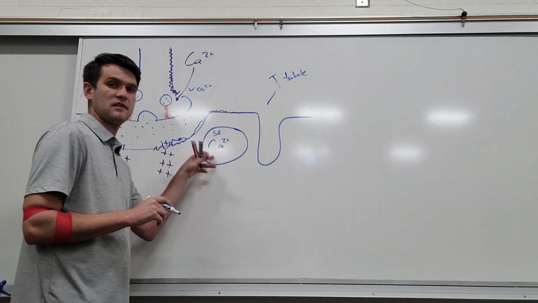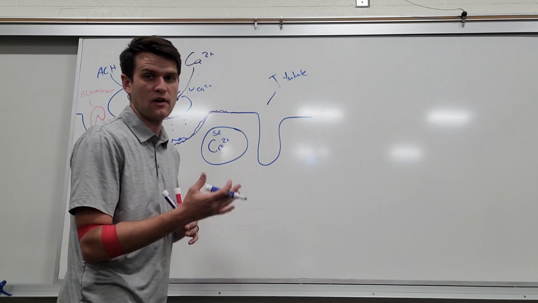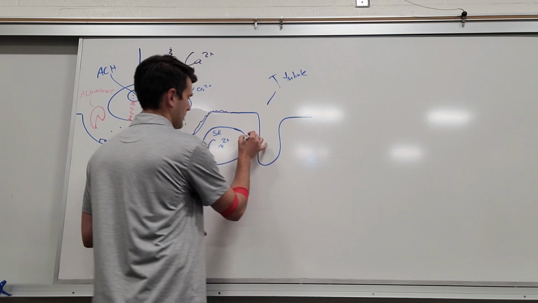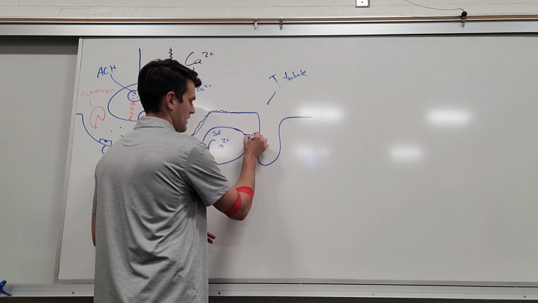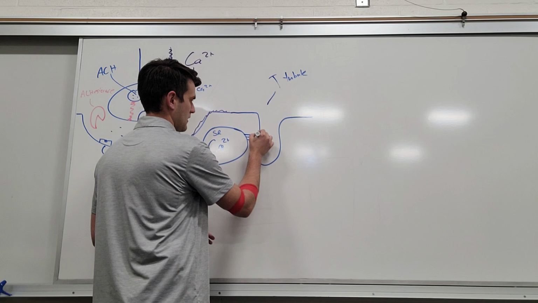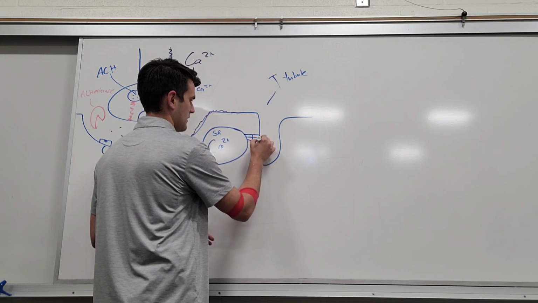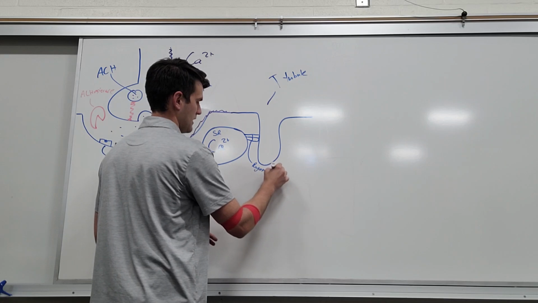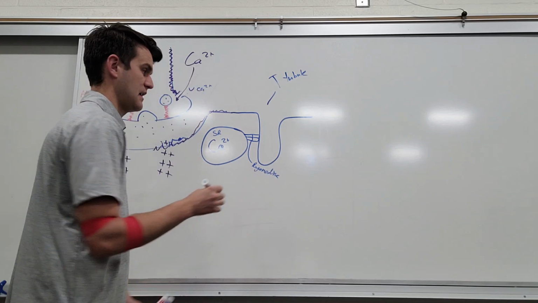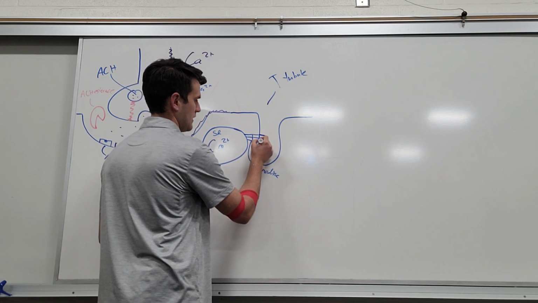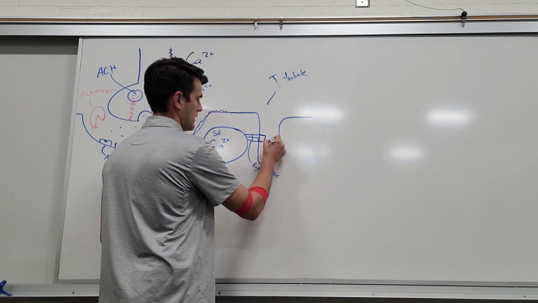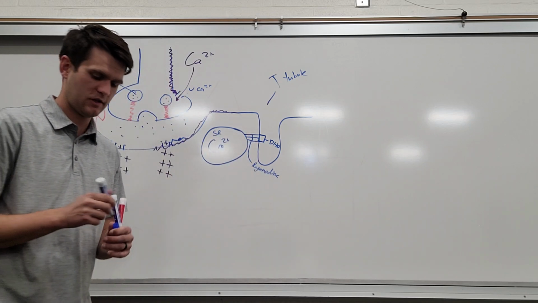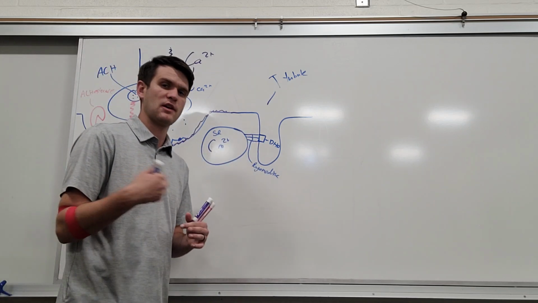And we need these calcium ions to start a muscle contraction, okay? And so on our SR, there is a protein called ryanodine. So this is ryanodine, okay? And attached to ryanodine is a DHP receptor. And this is essentially a voltage-gated calcium channel, but we don't use it to bring calcium in.